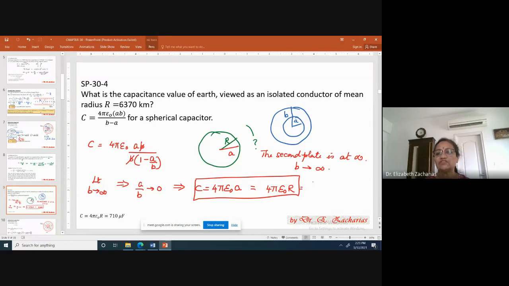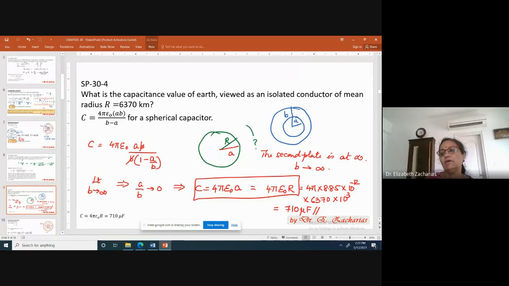So now let's just put the values. 4 pi into 8.85 into 10 to the power of minus 12 into the radius. Radius is 6370 kilometers, 6370 into 10 to the power of 3. You put it, then you will find that the value is going to be 710 microfarad. 710 microfarad for Earth itself.